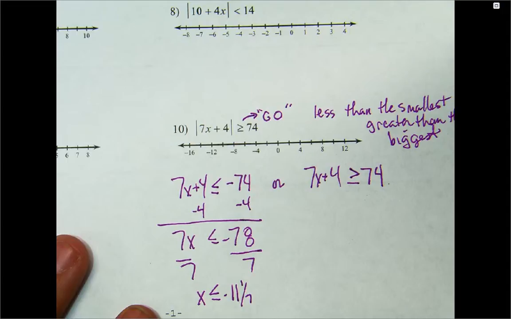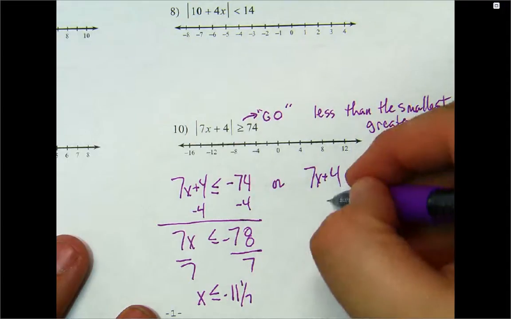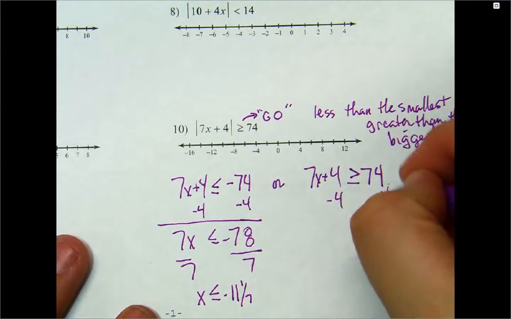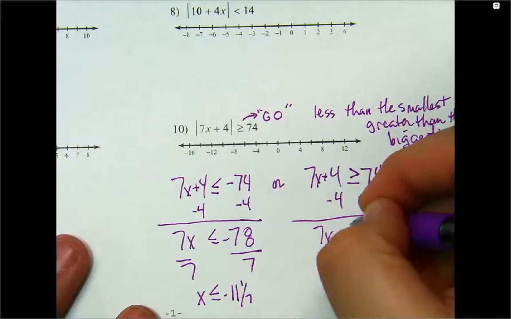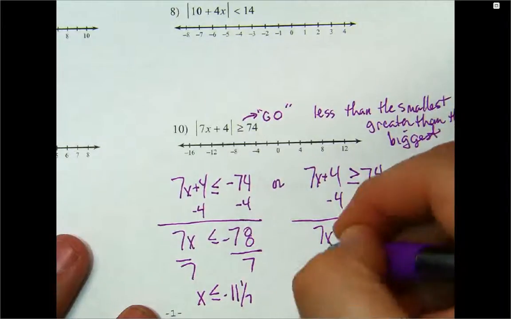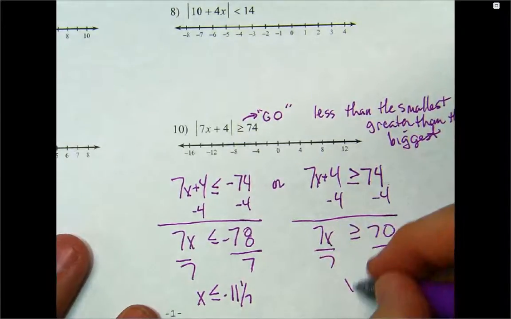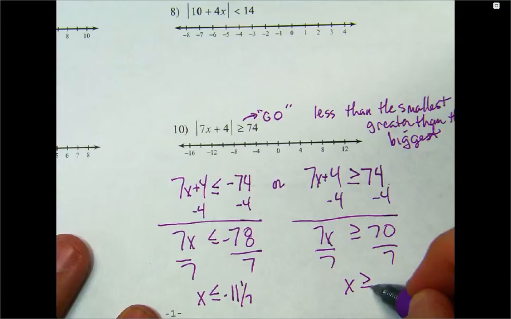If I subtract 4 here, we get x is greater than or equal to 10. So I can go here. Here's 10. I want greater than or equal to 10, so I want these. And then there's 10, 11, right around there.